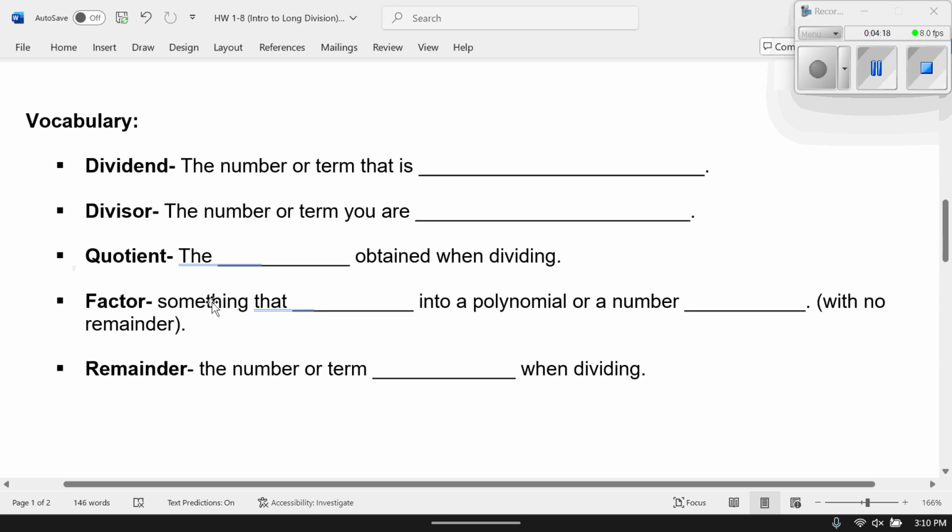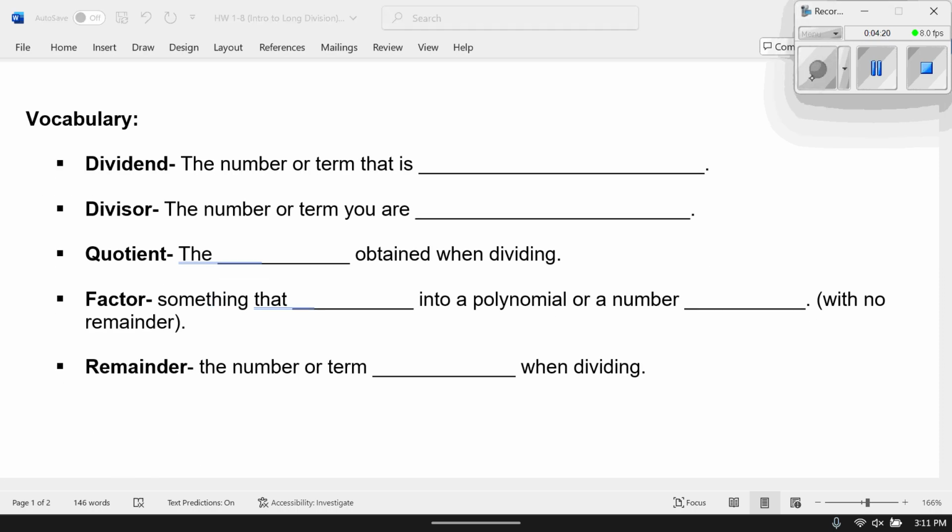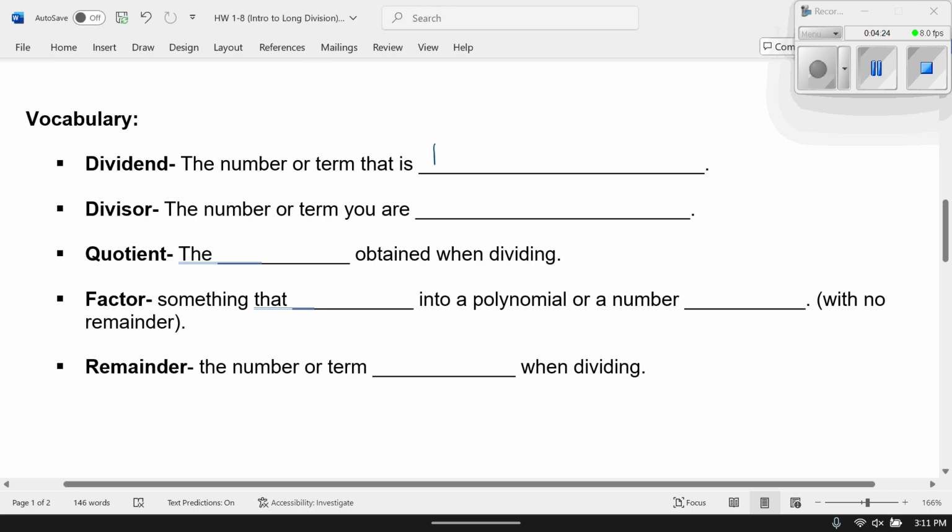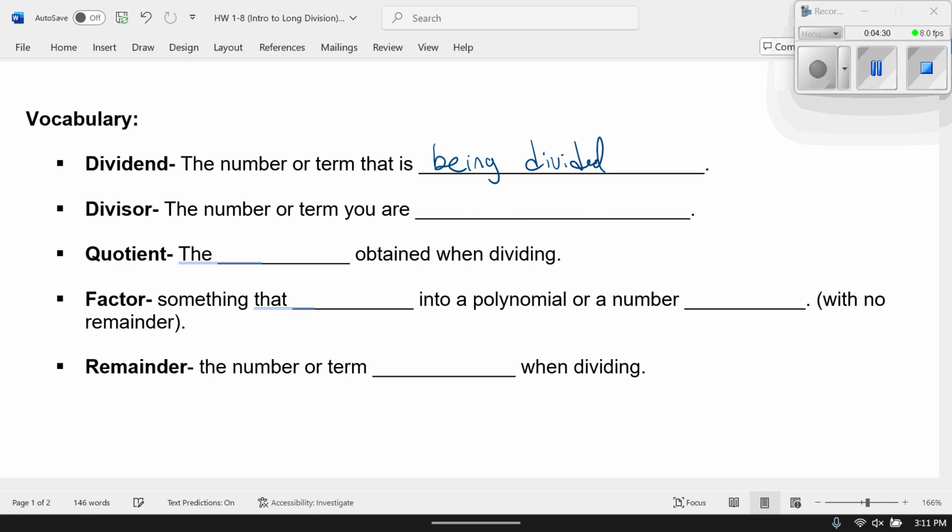So as some vocabulary, the dividend is the number or the term that is being divided. The divisor is the number or term you are dividing by. The quotient is the answer you obtain when dividing.